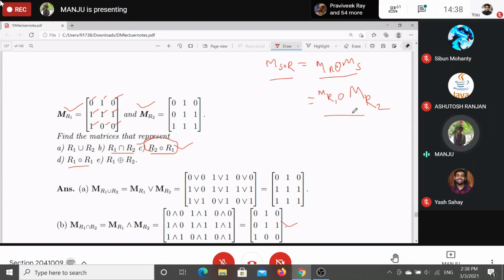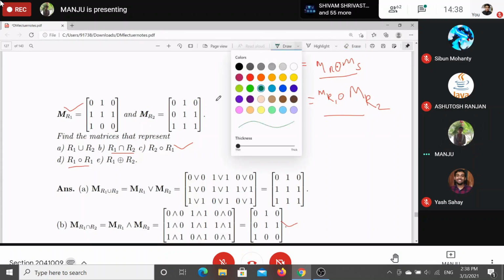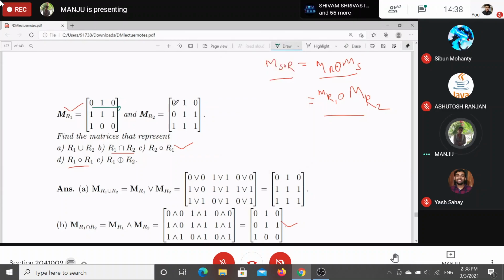Tell me about this one. MR1 with MR2. Take the Boolean product. This one will be rated with this one. 0, disjunction, 0, disjunction, 0. Clear? It will be 0.